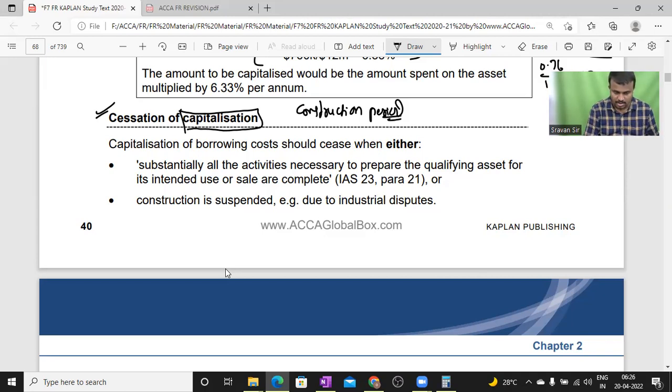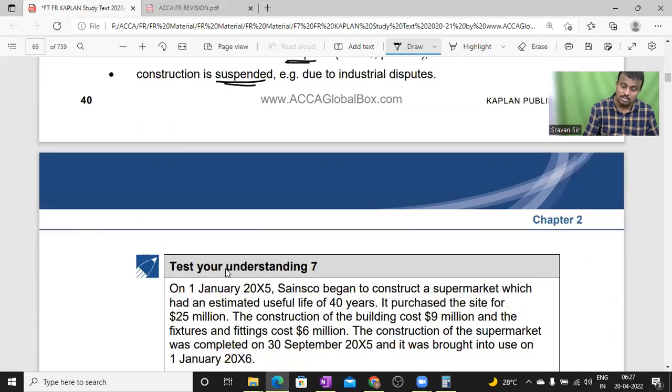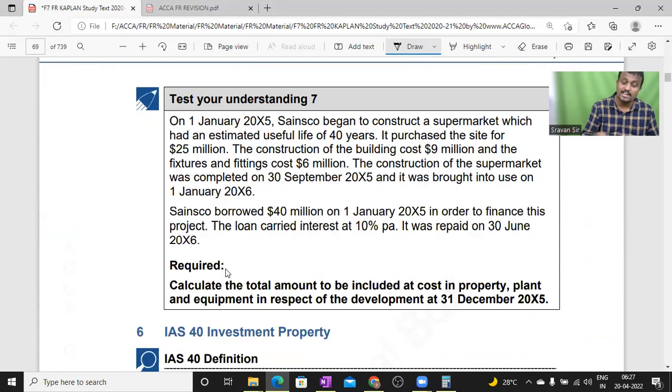Capitalization of borrowing cost should cease, meaning stopped, when substantially all activities necessary to prepare the qualifying asset for its intended use or sale are completed, meaning the construction was completed and the asset became available for utilization. Also if construction is suspended or stopped due to industrial disputes, we have to stop the capitalization, and any amount spent is transferred to the profit and loss statement.